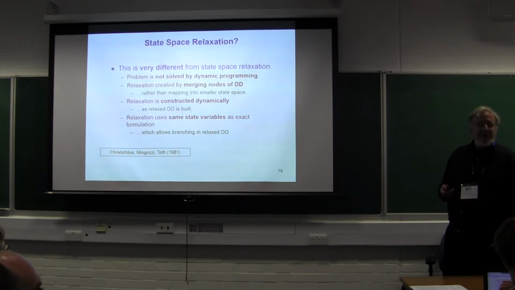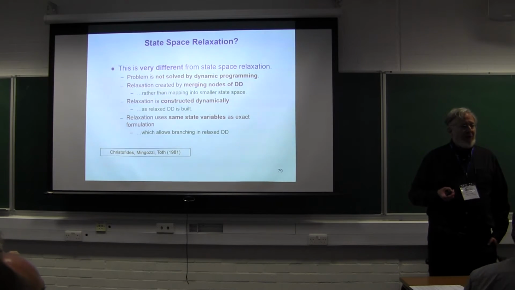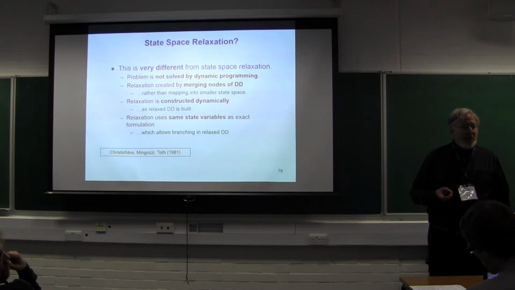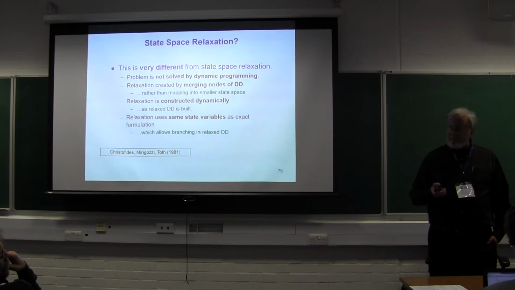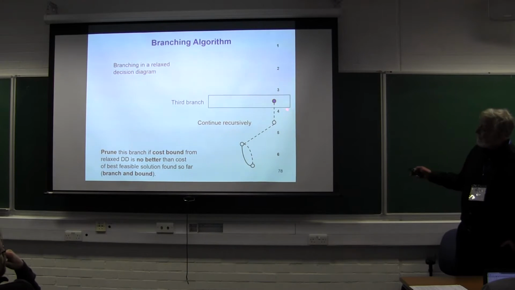So, did you say that the decision diagram of a branch is constructed completely anew? Because we already have an approximate decision diagram. Yeah, that's right. Yeah, so the way we do it is to start from scratch at this layer of the diagram and build a completely new relaxed diagram from there.